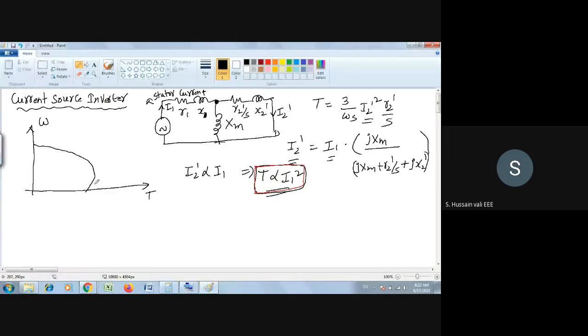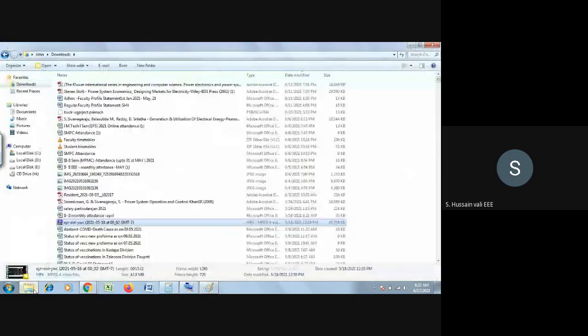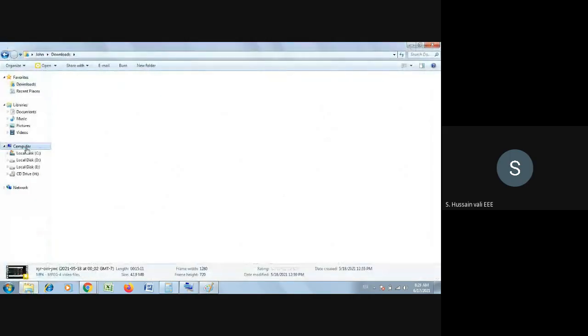I will draw a few graphs here. So this is for I1, this is for I2, and this is for I3. For different values of the stator currents, how the torque changes is the point of discussion here.